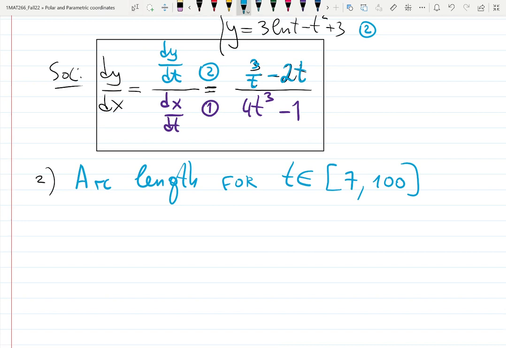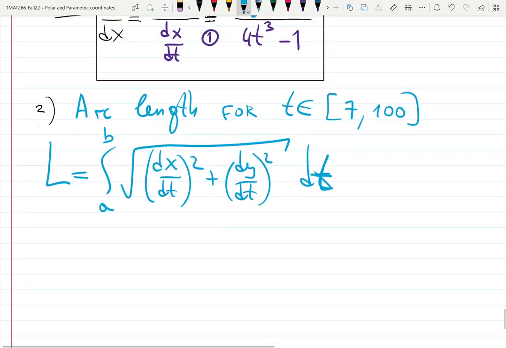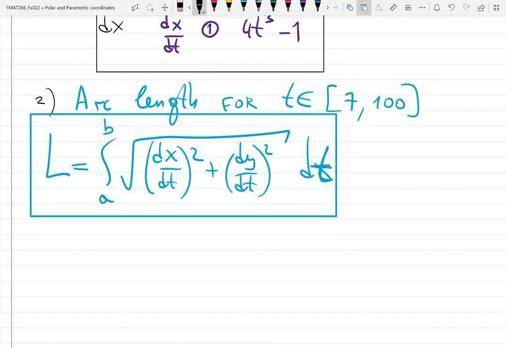You remember the formula. The formula is the integral from a to b, gigantic square root, one derivative squared plus another derivative squared. And order doesn't matter, and the signs do not matter either, because it's squared. With respect to t, this is the formula. Equals, for our case, from 7 to 100. Nothing to calculate. Everything is given.